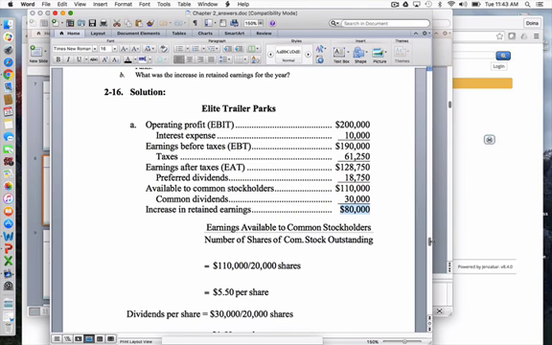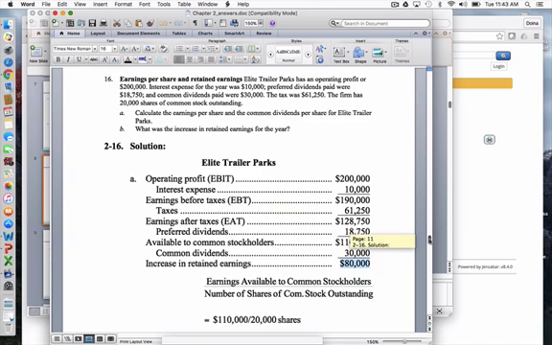So also the application asks us to calculate the earnings per share and the common dividends per share. Earnings per share is 1. We are going to do that first, and then common dividends per share 2. Okay, earnings per share.